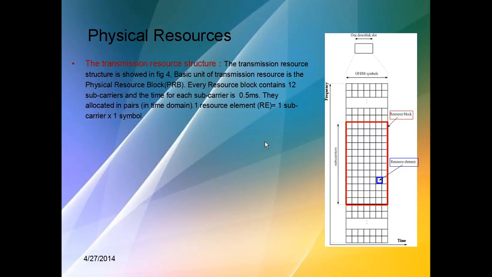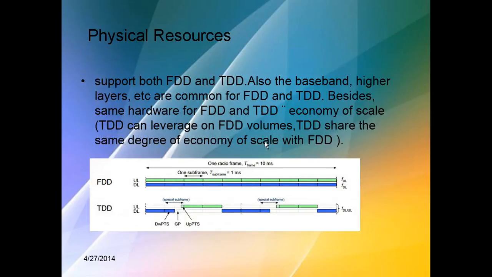One resource element equals one subcarrier multiplied by one symbol. The physical resources support both FDD and TDD. Also, the baseband and higher layers are common for FDD and TDD, using the same hardware for both. Economy of scale.